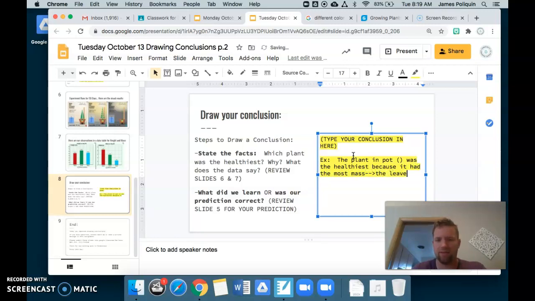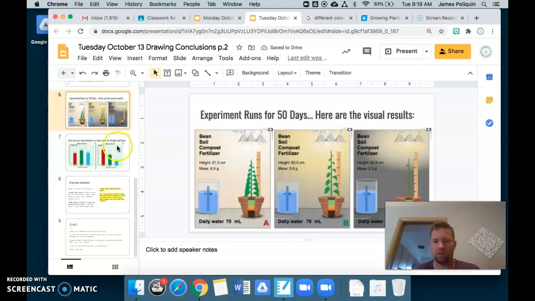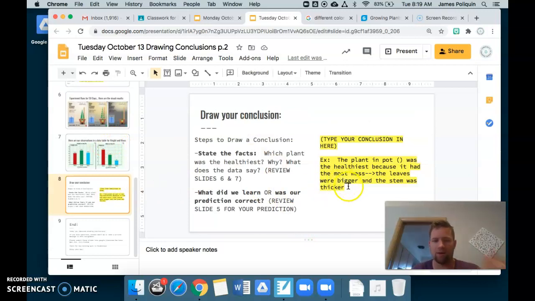The leaves were bigger and the stem was thicker. That's kind of our reason why. Why did it have more mass? Well, we saw that maybe the stem was thicker and the leaves were bigger. That might be our reason.